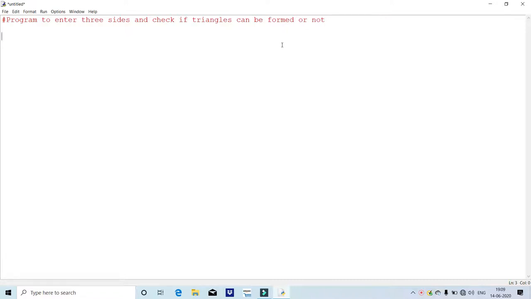Now, taking the sides input as A, B and C. So, taking them as float and enter side A. Prompting the user appropriately and typecasting it.